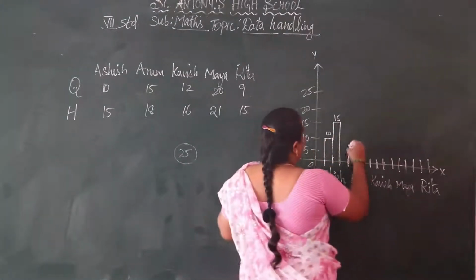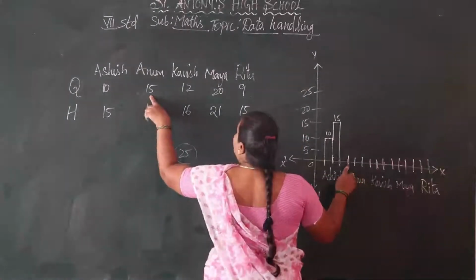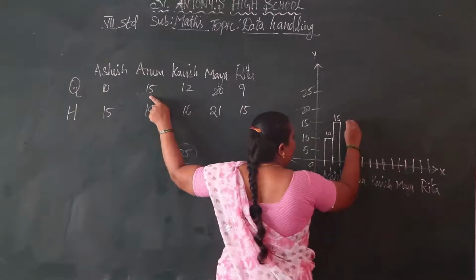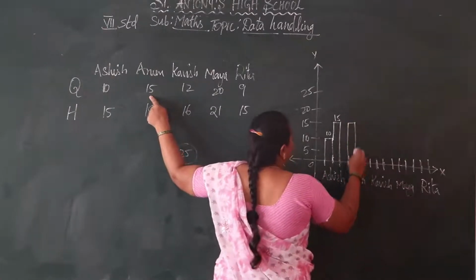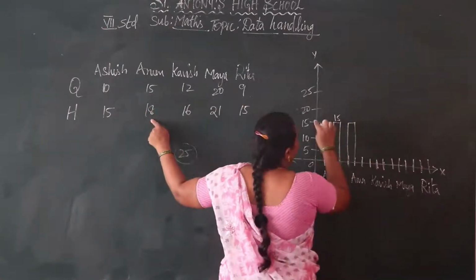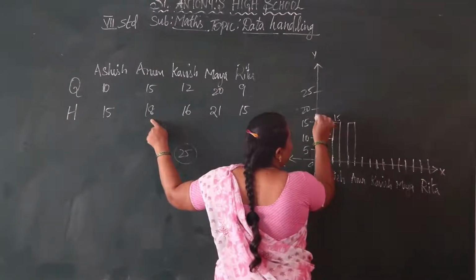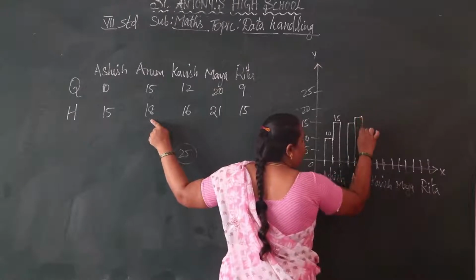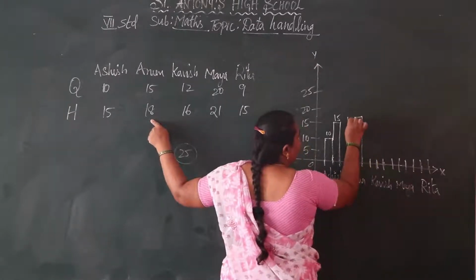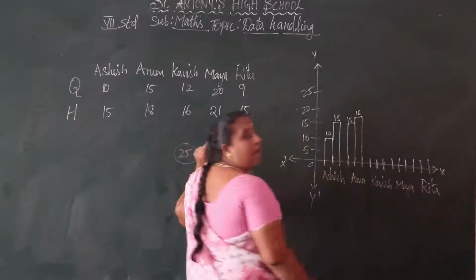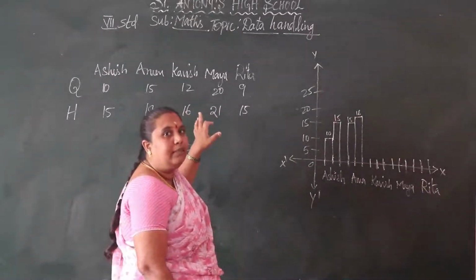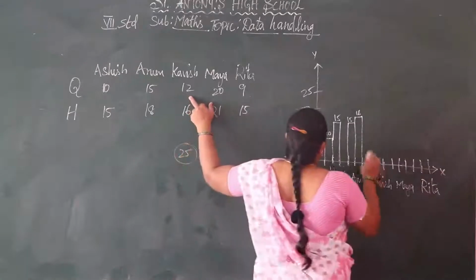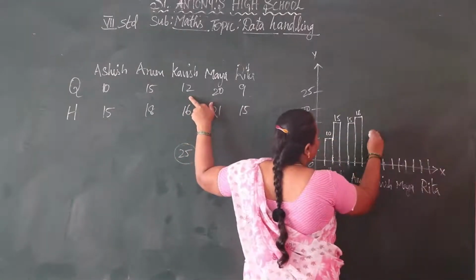And then Arun. Arun scored 15 in quarterly, and in half-yearly 18. See, 15, 16, 17, 18. So here you have to draw using a scale. See, 15 and 18. So Arun also scored more in half-yearly, is it right? And then Kavish. Kavish scored 12 in quarterly.